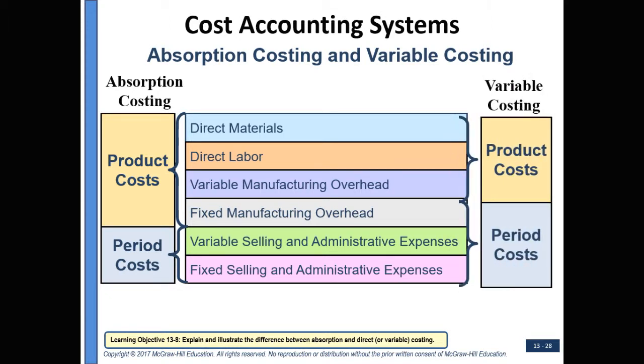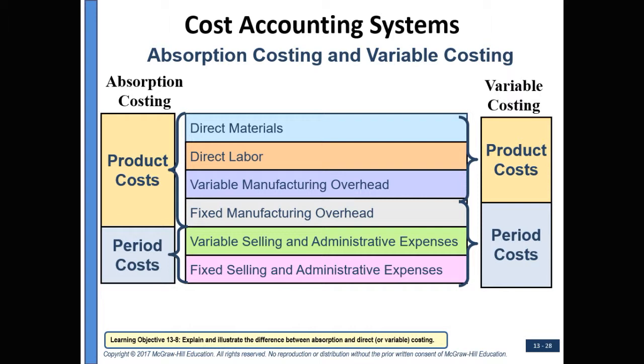Absorption costing recognizes direct materials, direct labor, and variable and fixed manufacturing overhead costs as product costs. Only the variable and fixed selling and administrative expenses are included in the period costs. Whereas variable costing includes direct materials, direct labor, and the variable manufacturing overhead as the product costs.